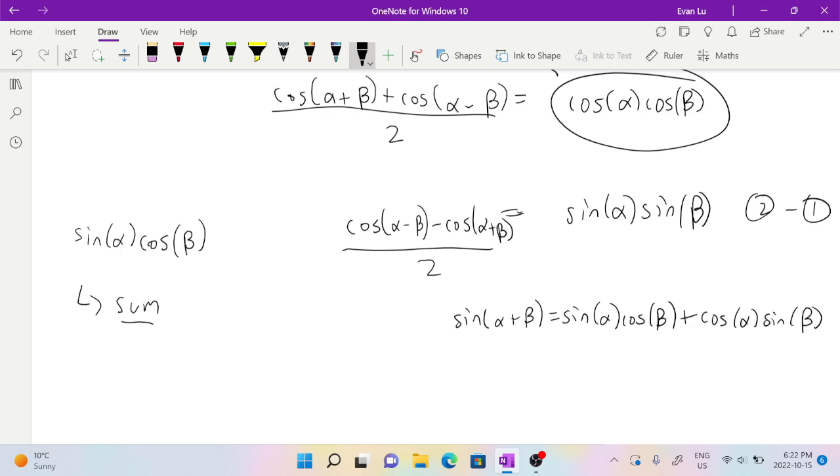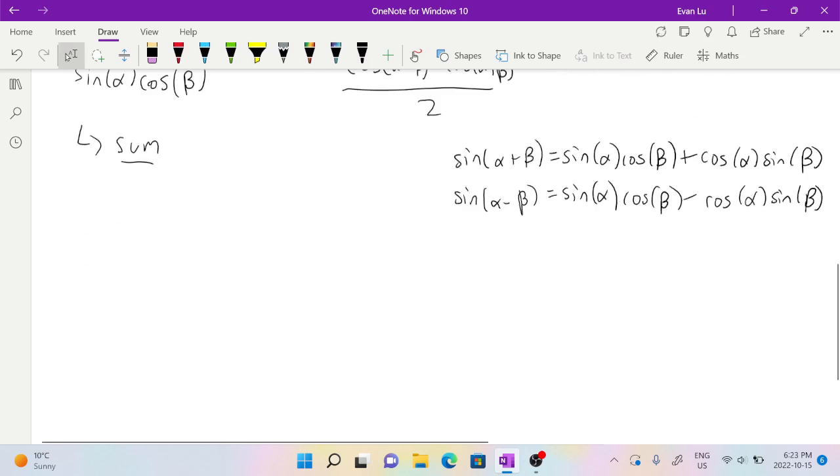Here we go. And just like previously, we're going to write out the difference. And now to get a sine alpha cos beta, we're going to have to add it.